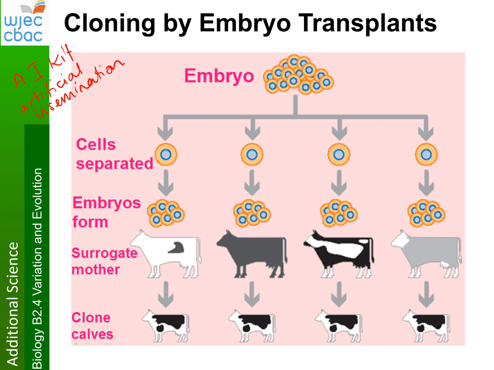So sometimes with farmers, if they want to breed their cattle, it might be inconvenient for them to have to transport the female cow to another place in the country in order to breed it with the male that they would like.